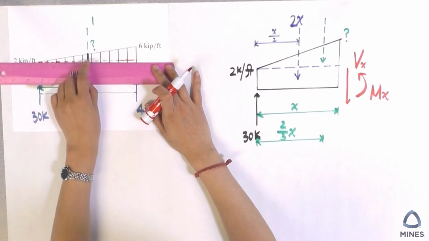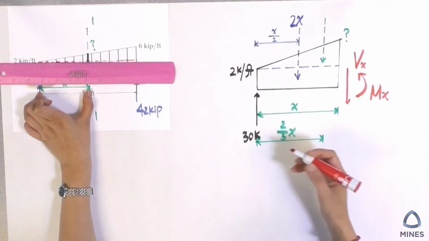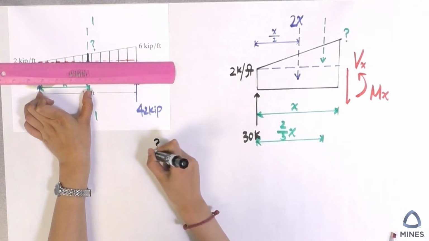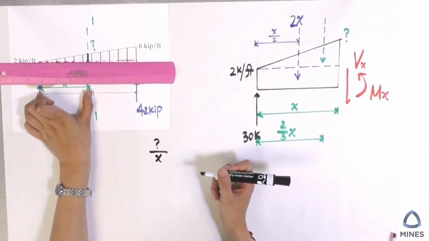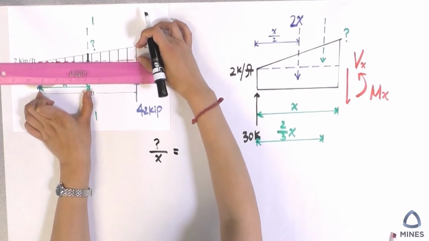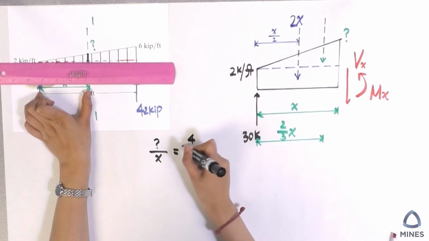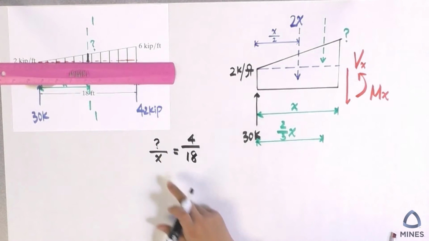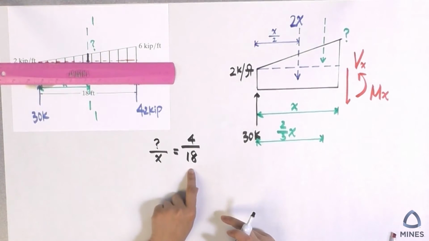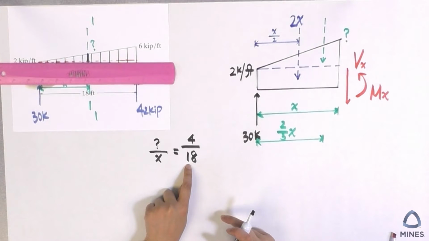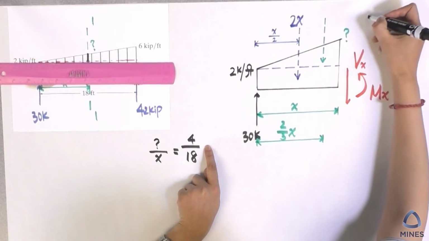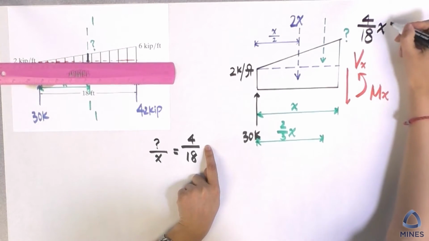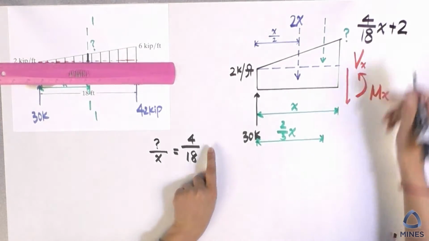The question mark over the cutting location X is equal to this height, which is 4, over the full length 18. So this little question mark here is going to be 4 over 18 multiplied by X. And then we still have the base, so we have to add it.